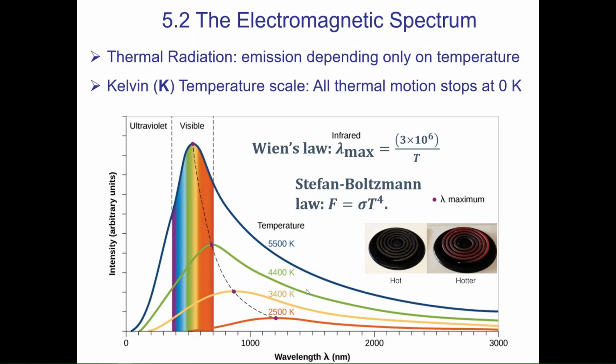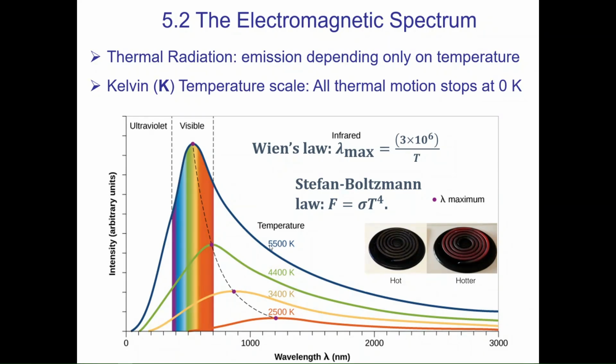With an even higher increase of the temperature, you can see the radiation curve has two effects. You can see the peak starts to shift toward higher frequency. At the same time, it becomes even higher. And you can see it starts to emit more differently colored light if we only look at the visible light.